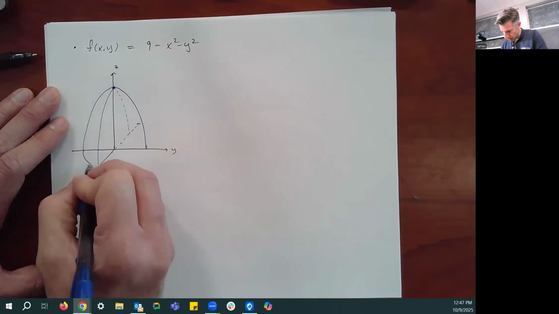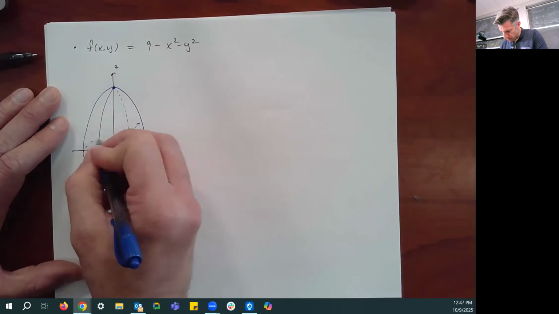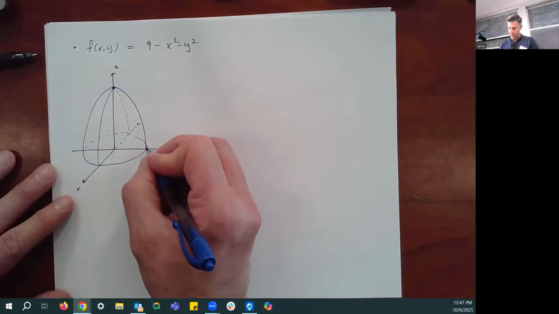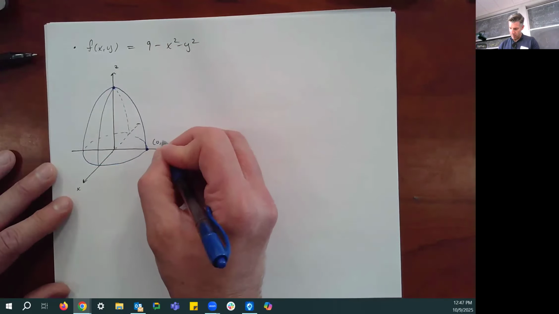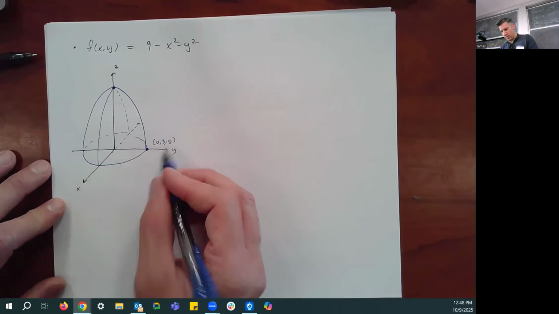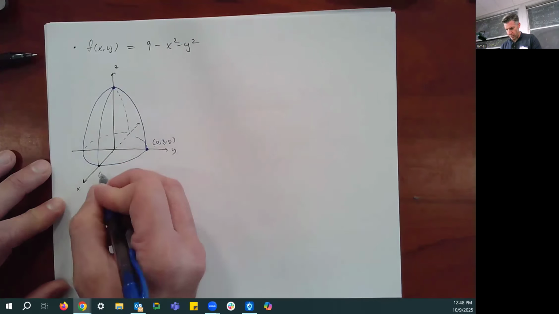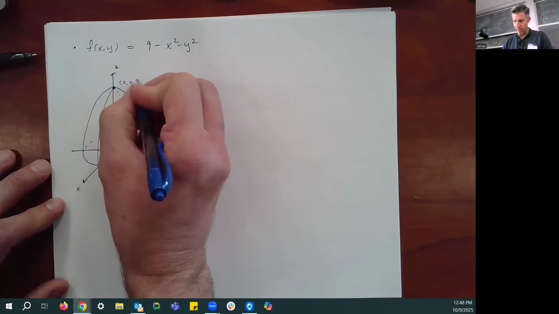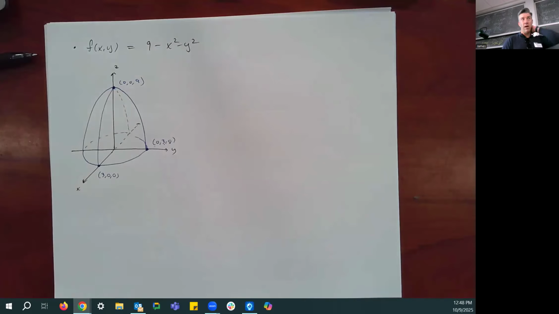Then it's coming around like that. Not that we really need to label it, that intercept right there is 0, 3, 0, because x is 0, y is 3, and z is 0. And this coordinate here is 3, 0, 0. And this is 0, 0, 9. And you could label other ones, but I think we've labeled enough.